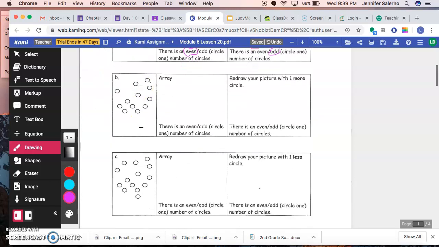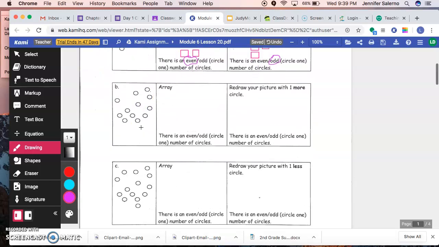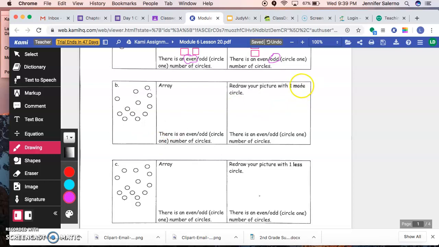So B and C are going to be the same thing, except you have to pay attention to what it tells you here. Here again, the very first thing is count. 1, 2, 3, 4, 5, 6, 7, 8, 9, 10, 11, 12. Okay? So they want you to have 12. So you're going to write over to the side that you have 12 here. And then you are going to come over here and make your array with 12 shapes in it.